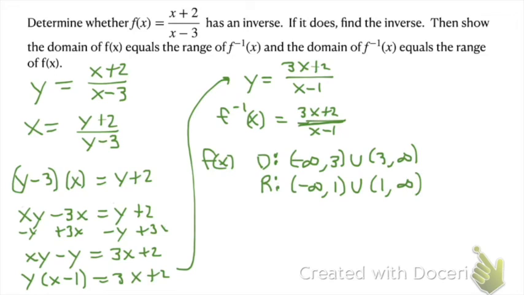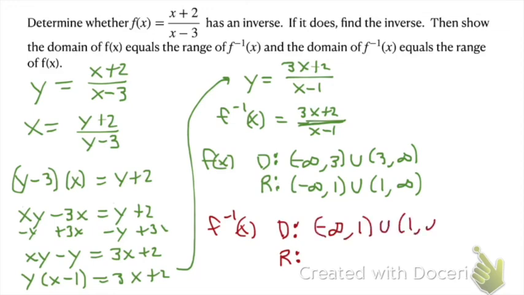For our inverse function, we'll do our domain and our range. Well, the domain for this one now, for the inverse, is we can't be 1. So negative infinity to 1 union 1 to infinity, because 1 would make the denominator go to 0.